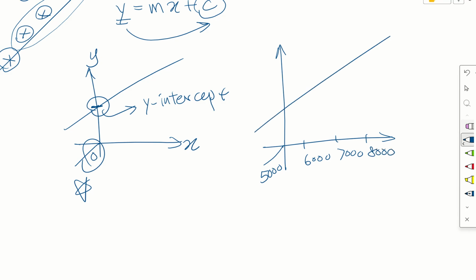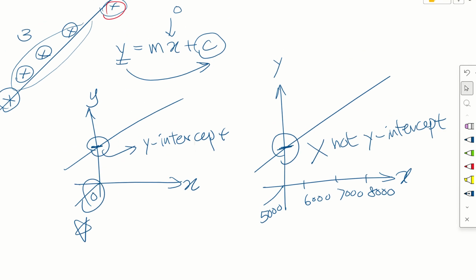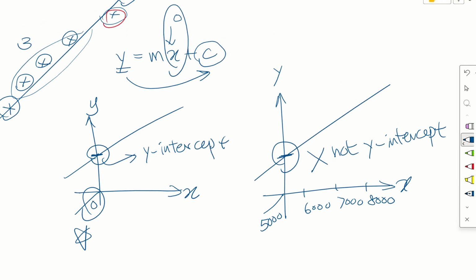So if this line actually touches the y-axis over here, this is not the y-intercept, because the y-intercept only happens when x is 0. So I say this again: this is not the y-intercept because your x scale does not start from 0.